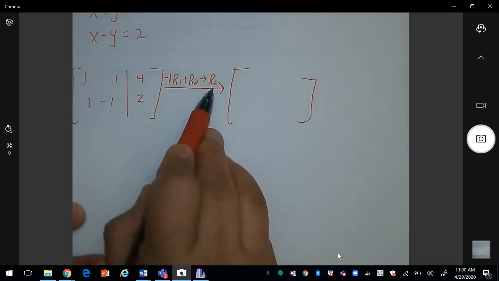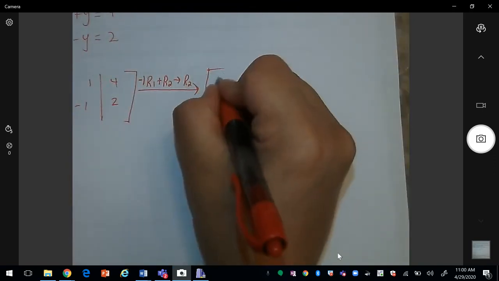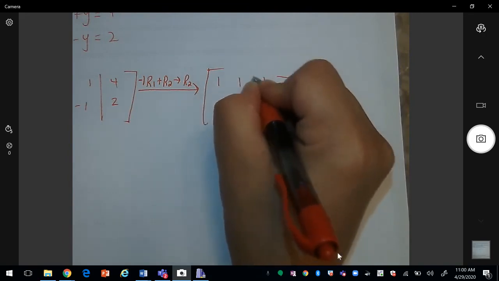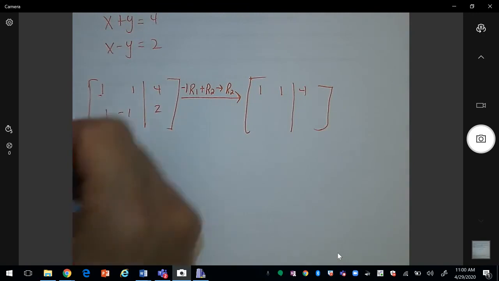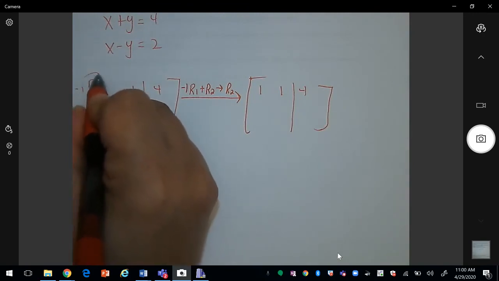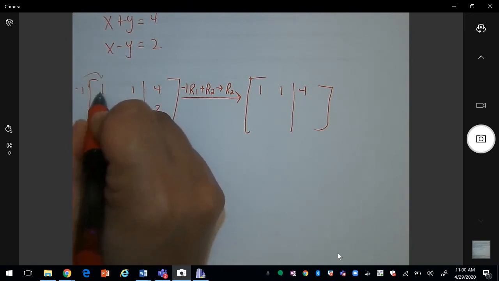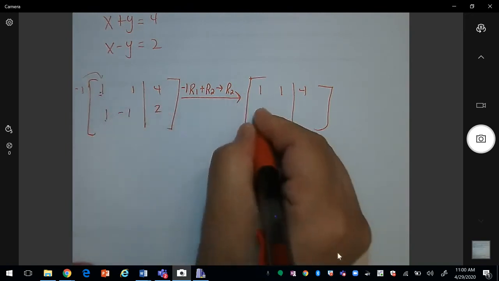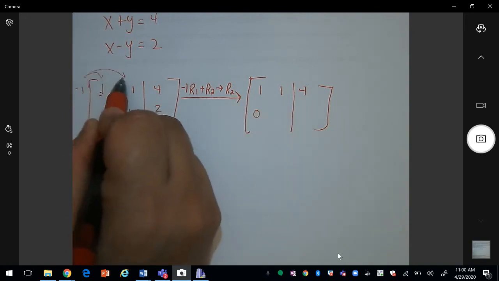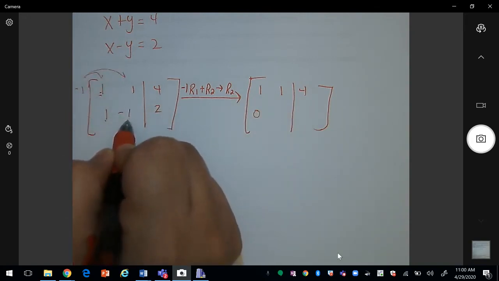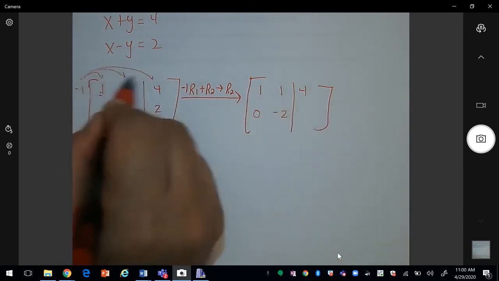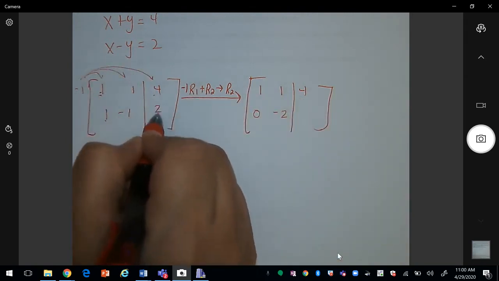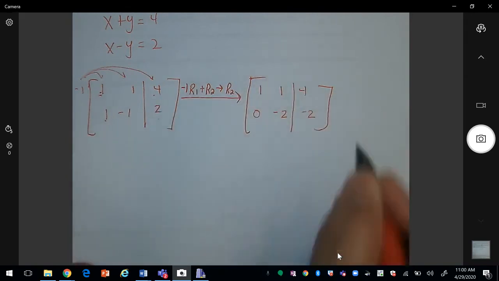Here, what we're changing is row 2, so I'm not going to change row 1, I'm just going to write it down. And so now I can multiply this row 1 by -1. -1 times 1 is -1, plus 1 gives me a 0. -1 times 1 is -1, plus a -1 gives me a -2. And -1 times 4 is -4, plus 2 is -2.